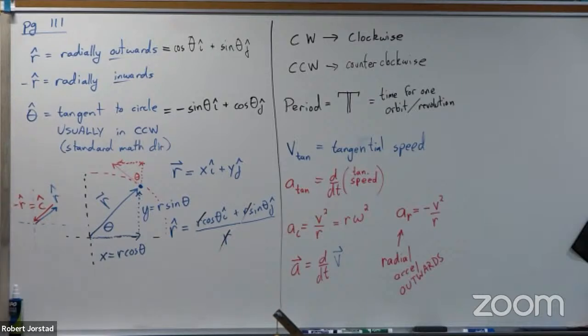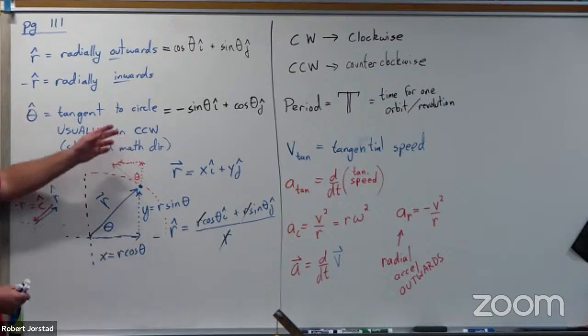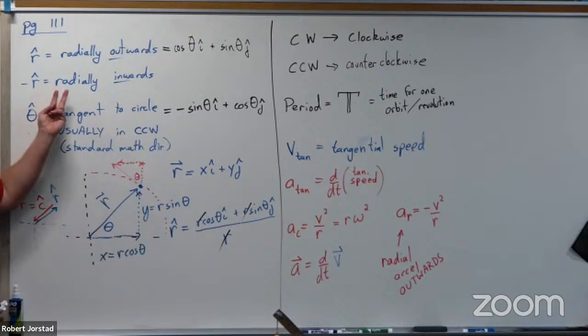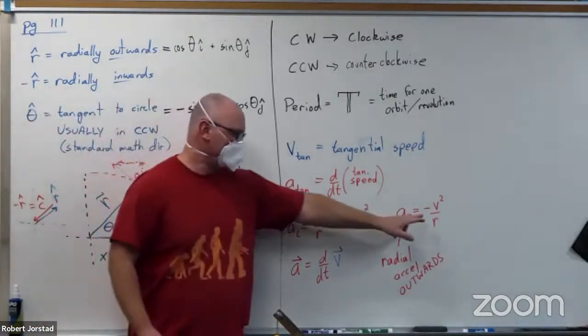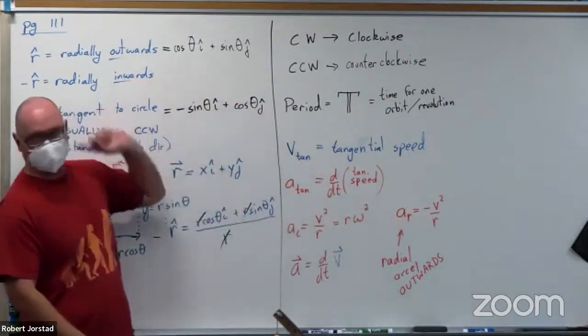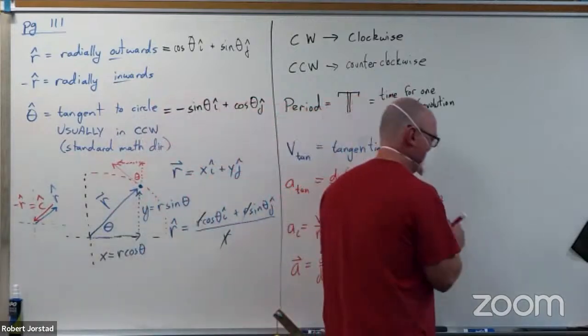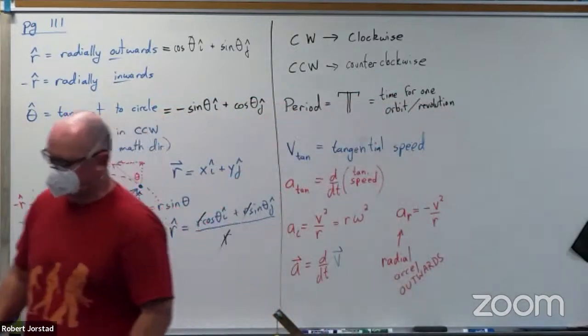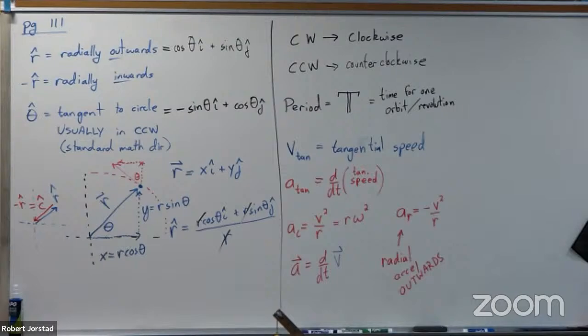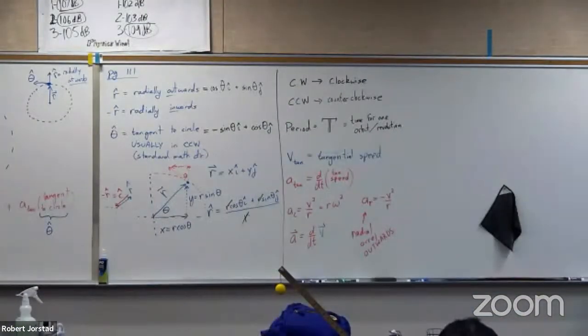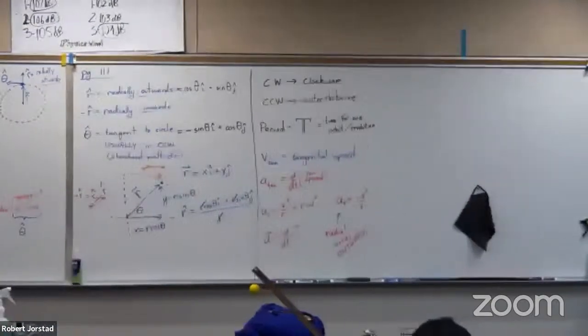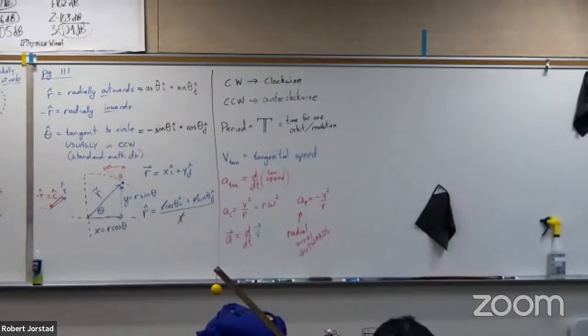So the fact remains is basically people choose to either put the minus sign here by saying it's size AC radially inwards, or they say it's minus V squared over R radially outwards. Now, I know this seems like a lot. Let me just say it this way. I'm going to run out of board. Let me go just a little bit.